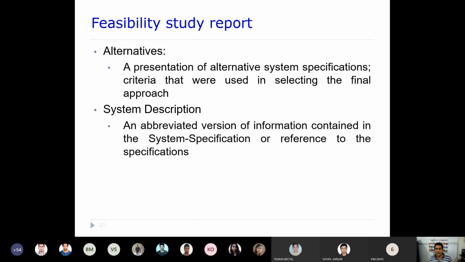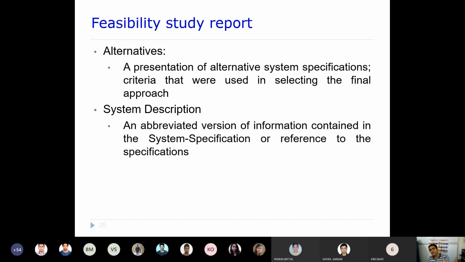Then alternatives. You need to mention what the different alternatives are along with their specifications, and then tell what criteria were used in selecting a particular approach. Say you have 4 alternatives, out of which you have chosen one.